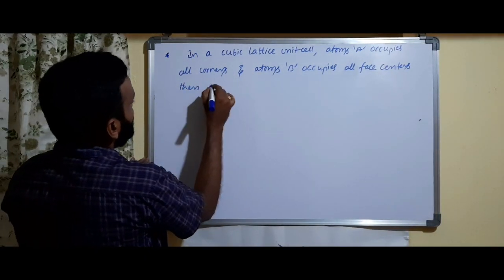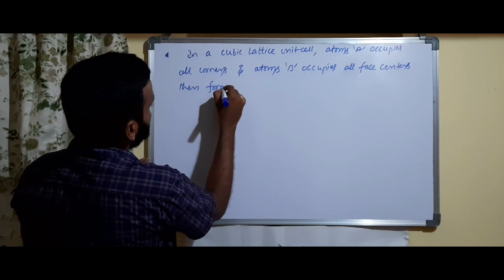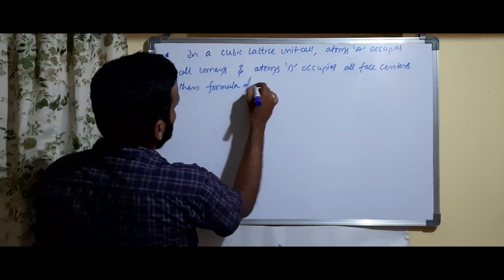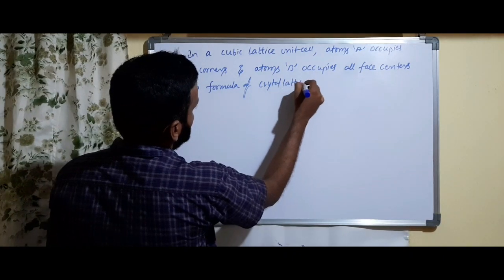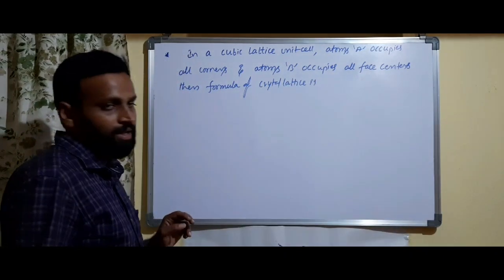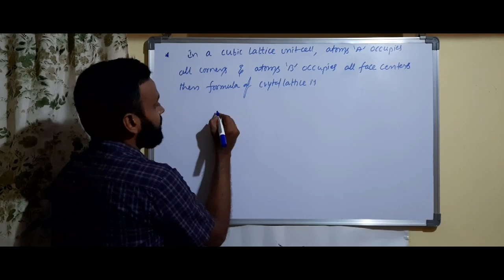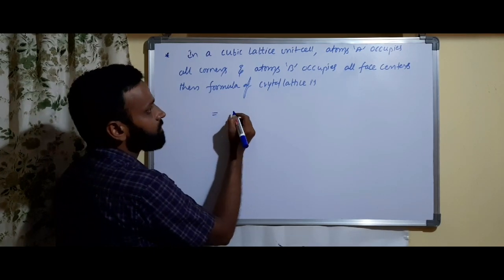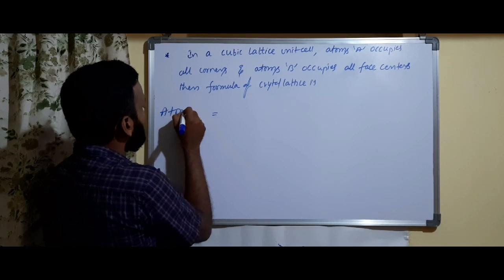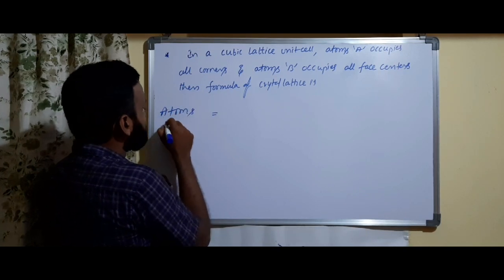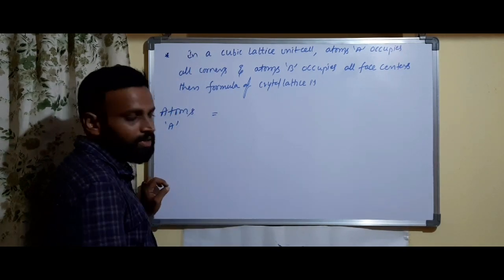Then the formula of the crystal lattice is? Okay, so atoms A, we have to find first. Atoms A are present at corners, right?